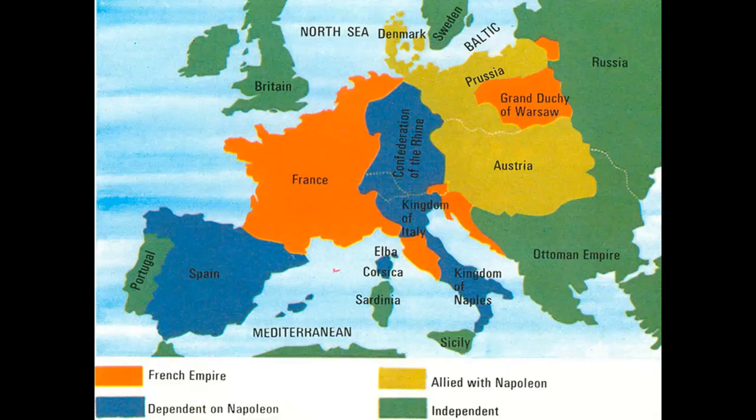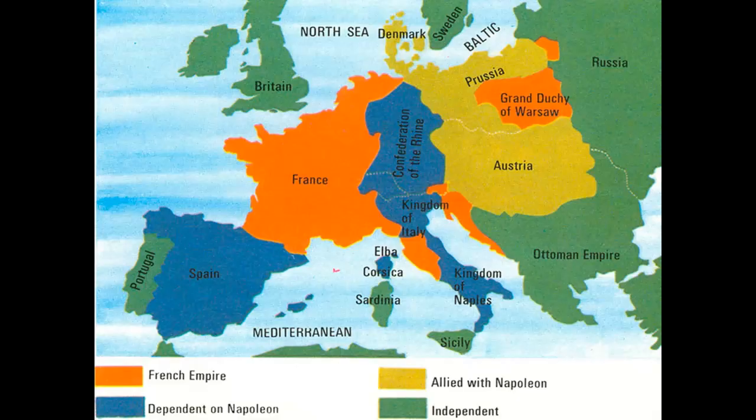Eventually, Napoleon will marry the daughter of the Austrian monarch, and that is a time where they actually have an alliance. So that's just a small part of the larger Napoleonic Wars.